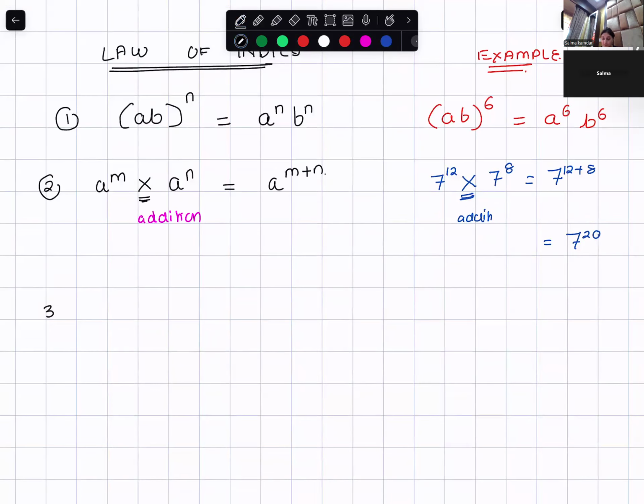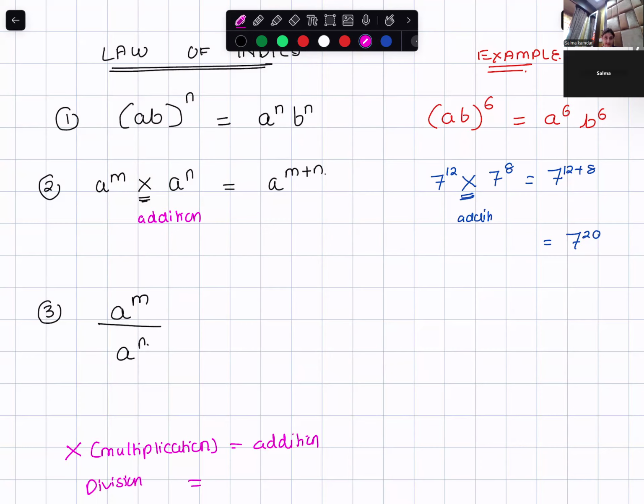My third law of indices is: if I have a raised to m divided by a raised to n. Always remember, multiplication means addition, and when it is division, it means subtraction.